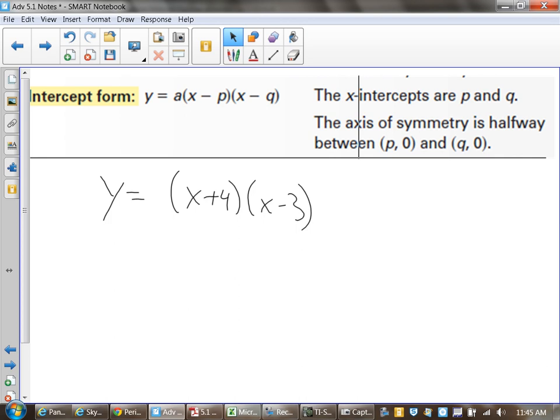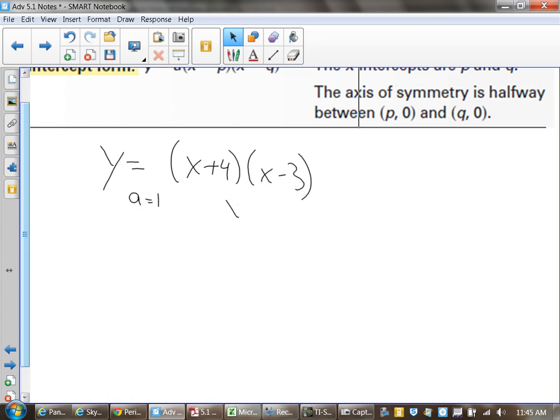First of all, what's my value of A? It's 1. If it was 0, it would all be gone, and you'd have y equals 0, a horizontal line. My value of A is 1 because you don't see anything; when you don't see something, it is implied to be 1. When you're finding the zeros of something already in factored form, you take each term and set it equal to 0.